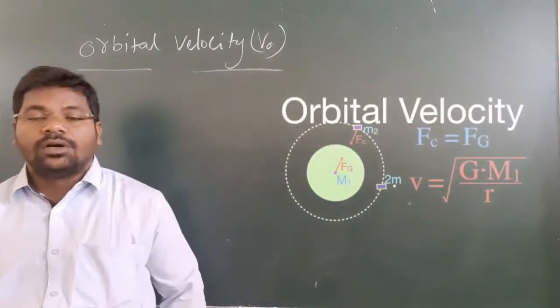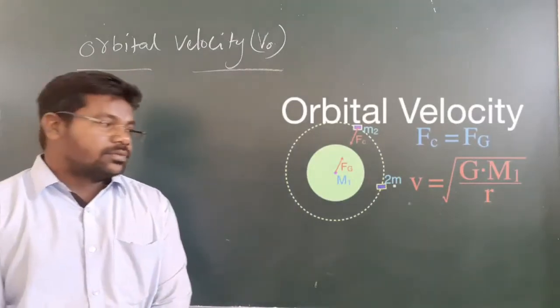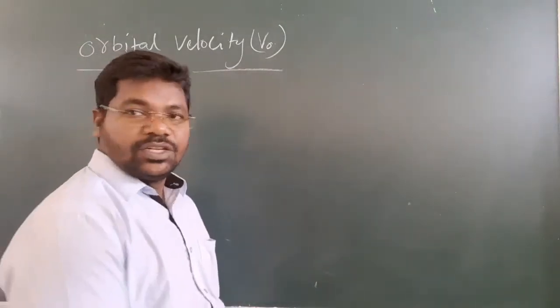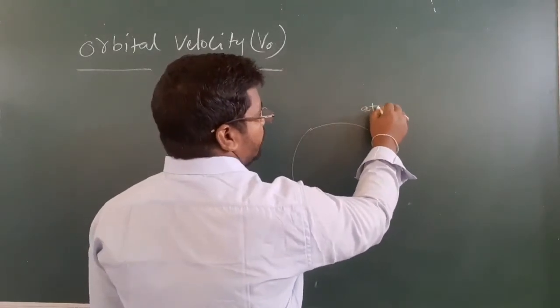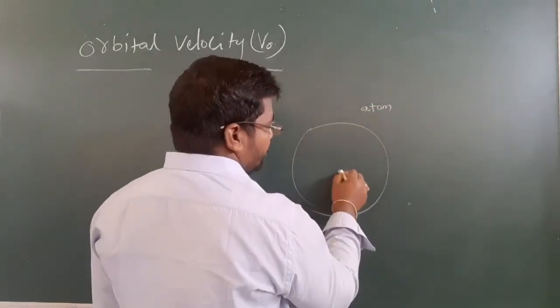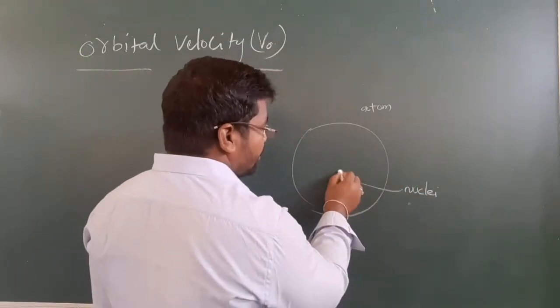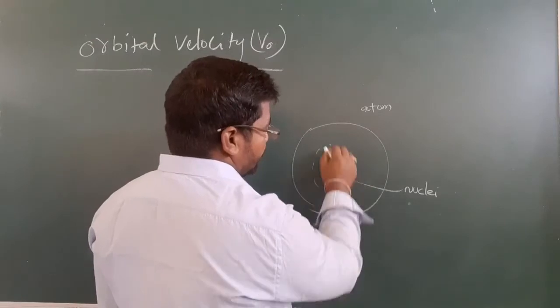According to Bohr's postulates, every atom consists of a nucleus, and around the nucleus electrons revolve in a circular path.